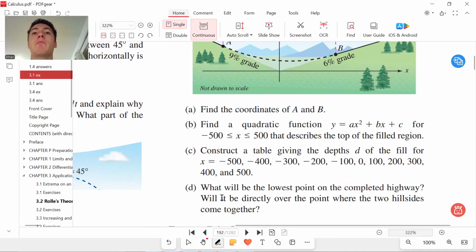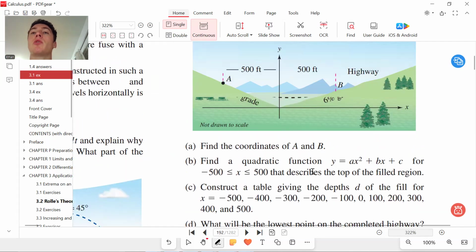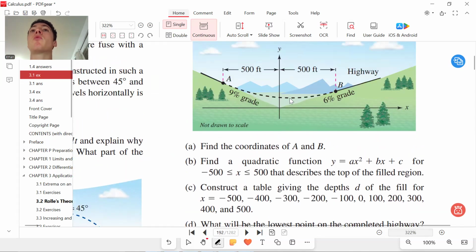Okay, and in part D, they ask us what will be the lowest point on the completed highway? Well, the lowest point, they're talking about the vertex of our parabola, which would just be negative b over 2a.